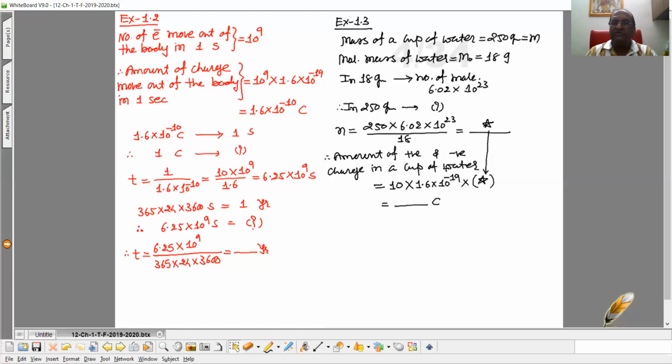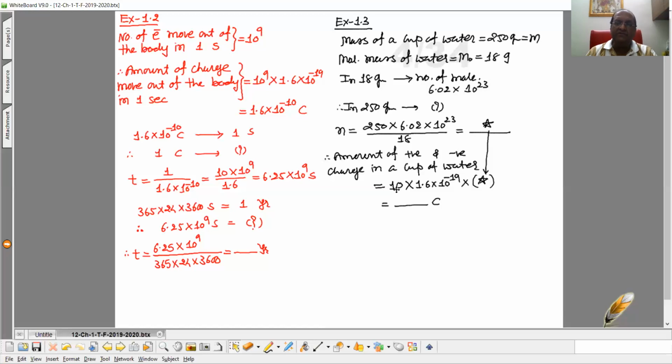Now, the amount of positive and negative charge in a cup of water. So per molecule, how much charge is there? H2O. For hydrogen, H2, 2 positive and 2 negative charges are there. And for oxygen, 8 positive and 8 negative charges are there. Means per molecule, 10 positive and 10 negative charges are there.